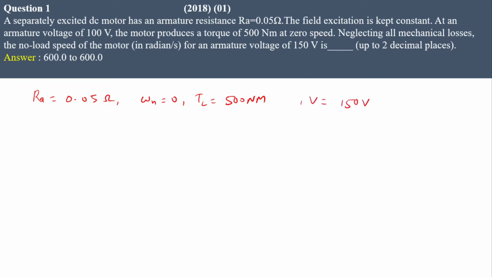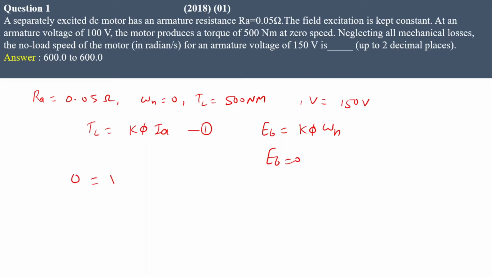of 150 volt. So first, at zero speed TL is given to you. TL equal to K phi Ia, you know, one equation, and another equation is back EMF equal to K phi omega N. So here the speed is 0, so EB equal to 0.